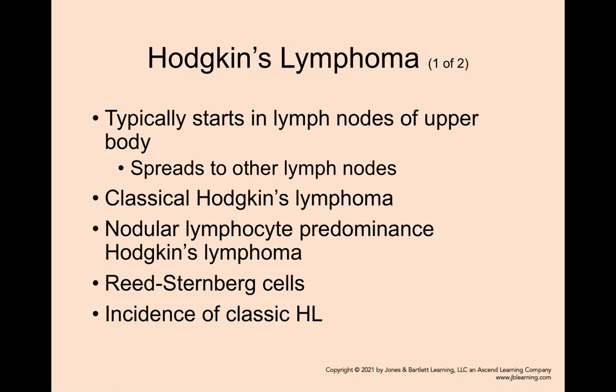There are two subtypes of lymphoma: Hodgkin's lymphoma and non-Hodgkin's lymphoma. In classic Hodgkin's lymphoma cases, you'll see the Reed-Sternberg cells, and I'm telling you, this is a question on every single certification exam. So remember the Reed-Sternberg cells and Hodgkin's lymphoma.